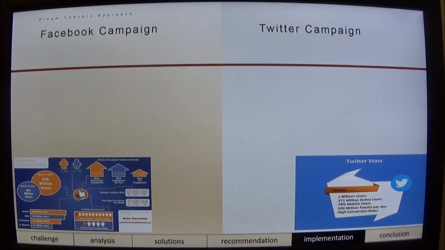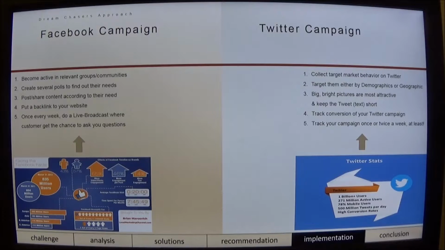So there are 5 steps for each platform, and I will start with Facebook first. On Facebook, it's important that a company becomes more active in relevant groups and communities. Once they are in the groups and communities with a large audience, they can create several polls to find out their needs.